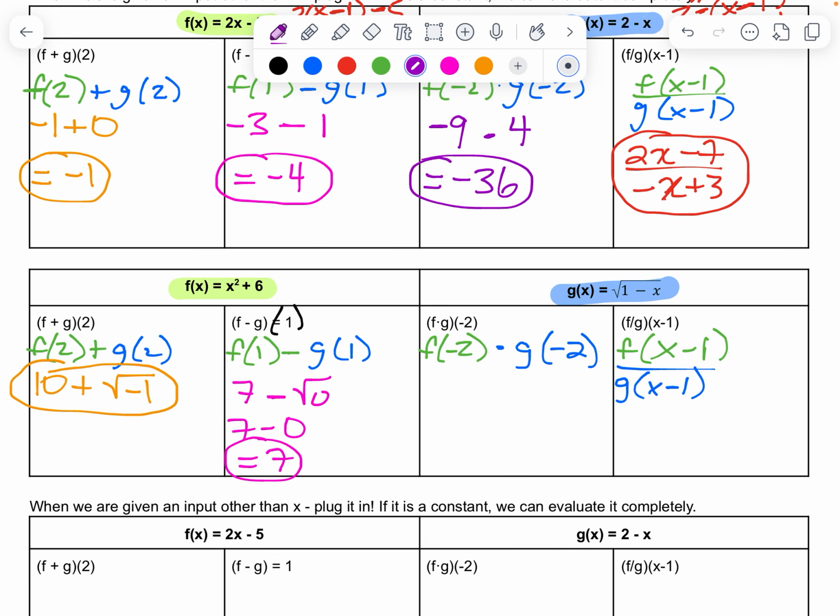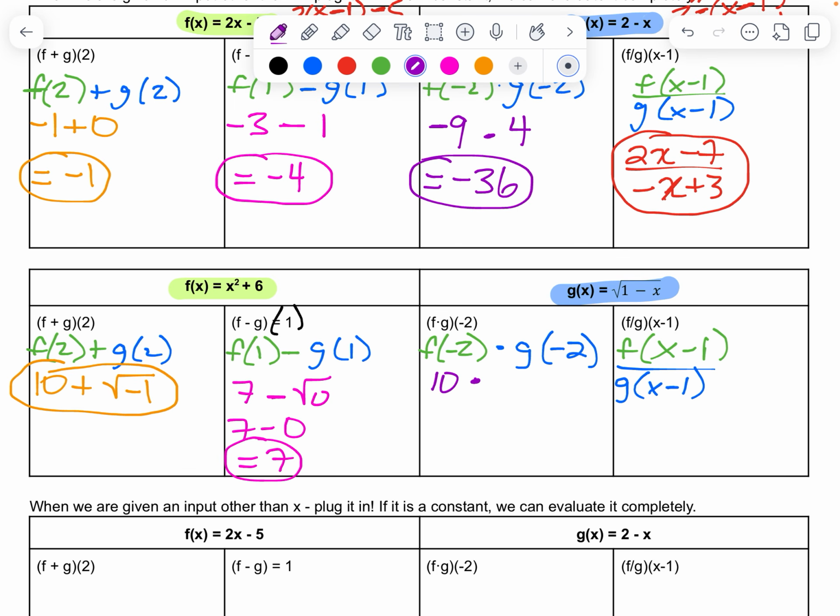Moving right along, we're going to go ahead and multiply here. So I have f of -2. -2 squared is actually 4, and 4 plus 6 is 10. So we have another 10 showing up here, and we have the multiplication of the two functions going on. For g of -2, underneath the square root, I have 1 minus a -2.